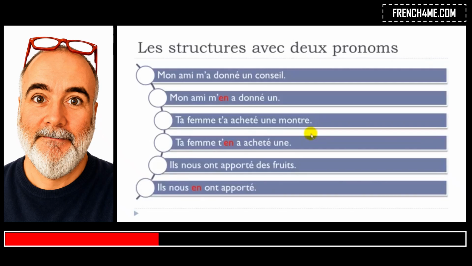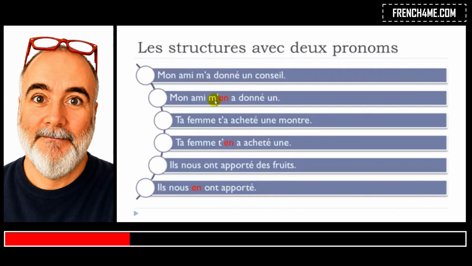Same thing. Ils nous en ont apporté. So nous first, then en, and after that you put your verb. Same rule here. It's composed, so you've got two parts, but still it's only one verb. So let's read it. Ils nous ont, beautiful liaison here, ont apporté. The full thing goes like, ils nous en ont apporté.